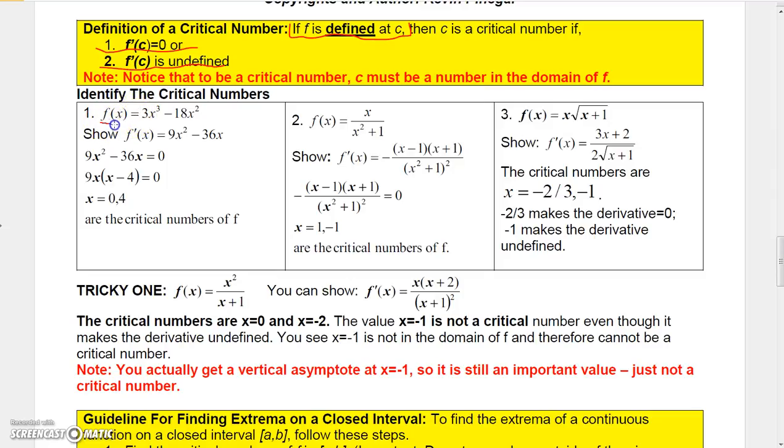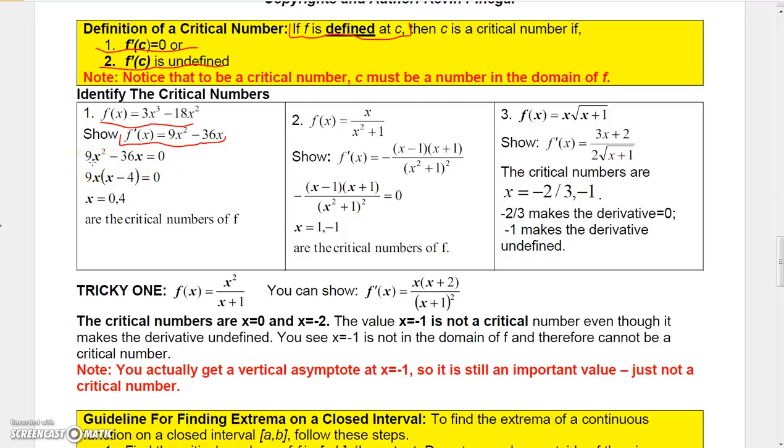So here's a function. What I want to do is see if there are any numbers that make the derivative of this function 0 or make it undefined. Well, the derivative of this function is 9x squared minus 36x. That's a polynomial, and it's defined for all real numbers, so I'm not going to get any values where it's undefined, but I can figure out what makes this derivative 0.